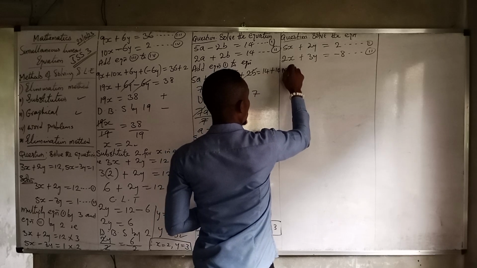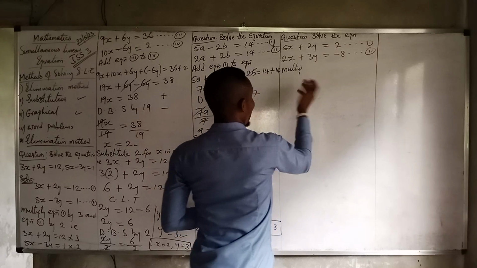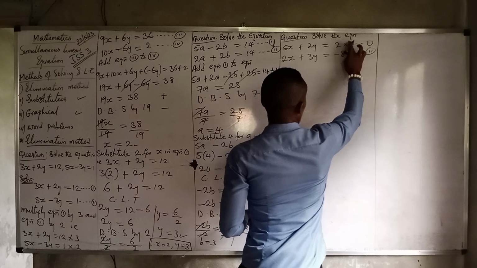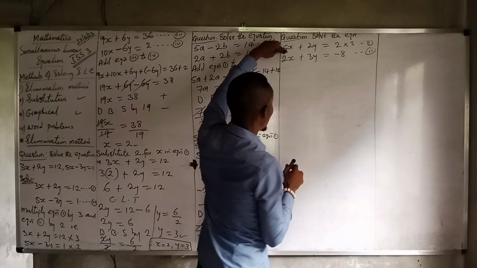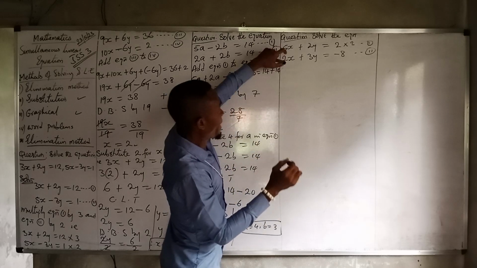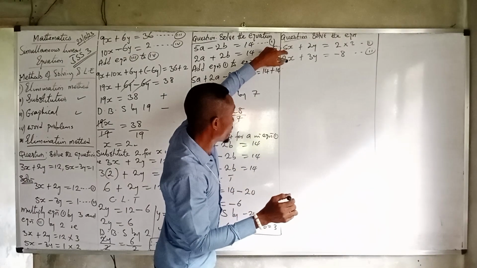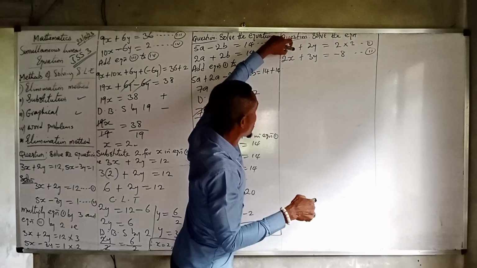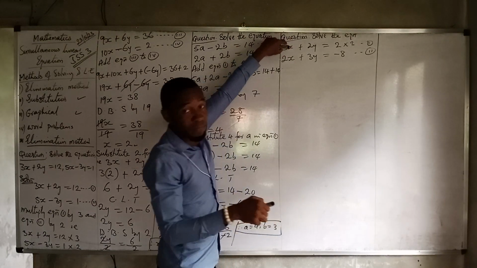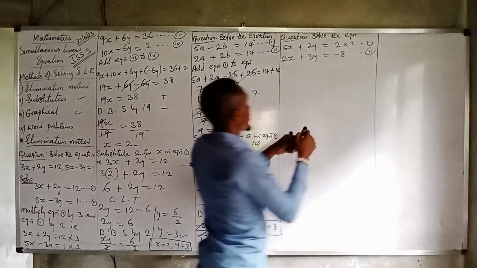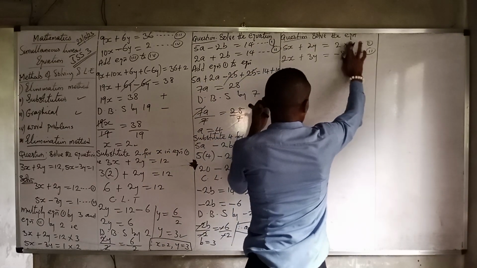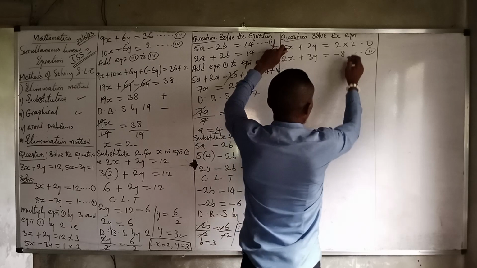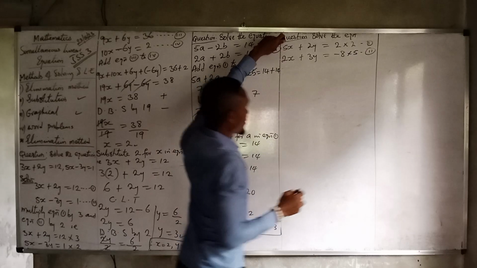I can go straight forward by saying equation 1 times 2, which is the coefficient of x in equation 2, and I multiply equation 2 by 5, which is the coefficient of x in equation 1.